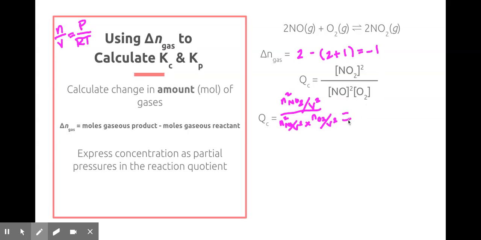And that, because we're relating our molar concentrations to partial pressure, is going to be equal to the partial pressure squared of NO2 per RT squared, over the partial pressure of NO squared per RT squared times the partial pressure of O2 divided by RT.